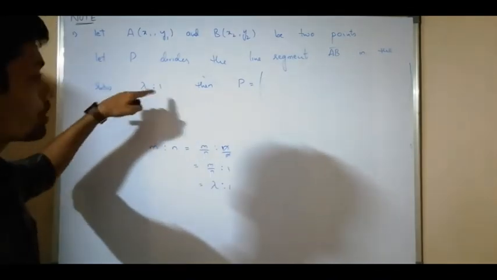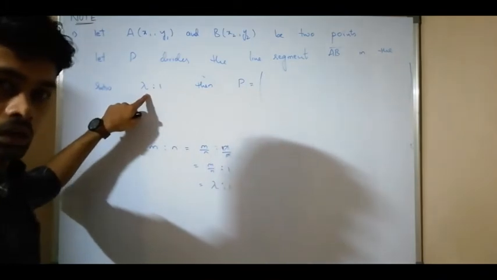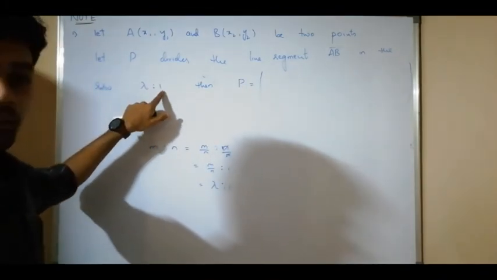So here I took lambda is to 1. Lambda is an unknown number, 1 is a fixed number.